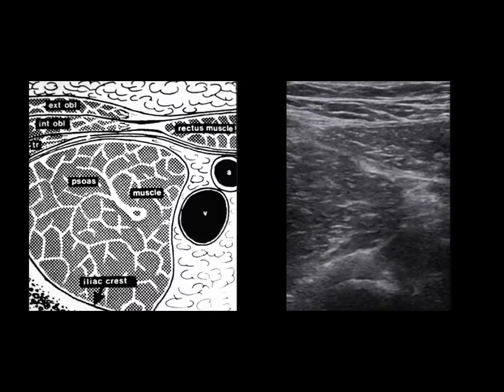And then in this area, you're going to find your iliac vessels, so the iliac artery and the iliac vein. Often the appendix will actually be draped over the iliac vessels, so you'll find it in this area. Sometimes it'll be between the psoas muscle and the vessels, and then occasionally you're going to actually find it posteriorly to the vessels, and this can be a more difficult or more challenging examination.